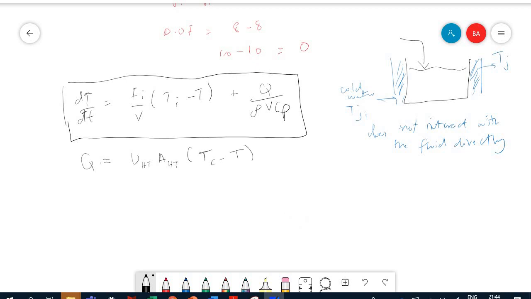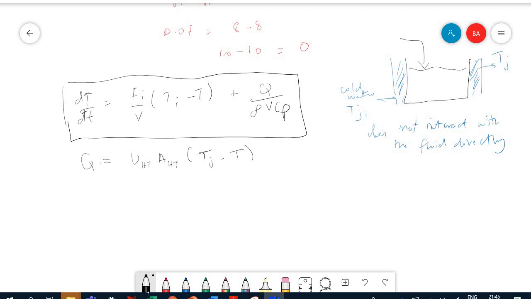That was the equation. But instead of mentioning dTc by dt, I'm going to mention dTj by dt. That is the only thing that is going to change. Instead of saying that this is the coil temperature, it is the jacket temperature, and that's all in this equation. But the question here comes: what is the jacket temperature? We have Tj in and Tj out.